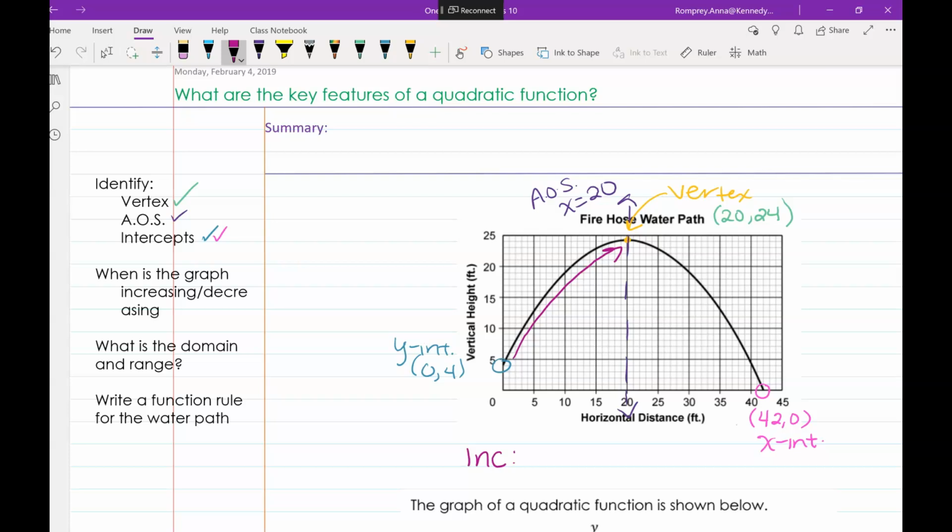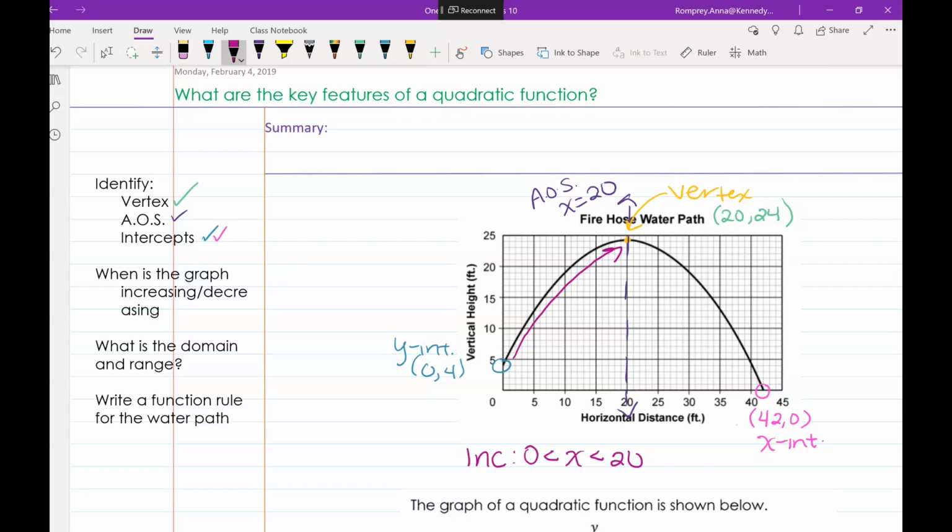So it's increasing. A lot of people want to tell me from 4 to 24. No. How do we read? Left to right. So we're looking at that x-axis. So it's all about the independent variable. We are increasing from 0 to 20.